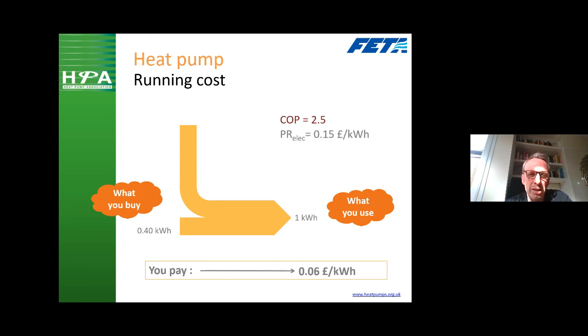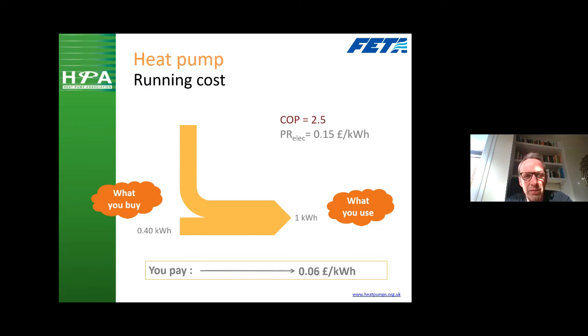We're still paying the same price for our kilowatt of electricity, but this time we need to put 0.4 of a kilowatt in to get the same 1 kilowatt hour of heat out. So in this instance, that same kilowatt hour of heat is costing us about 6 pence per kilowatt hour. So you can see that depending on the heat engine and the efficiency of that heat engine, the kilowatt hour of heat that we need to generate costs us varying amounts depending on how we're going to generate it and the conditions we're going to generate it at.